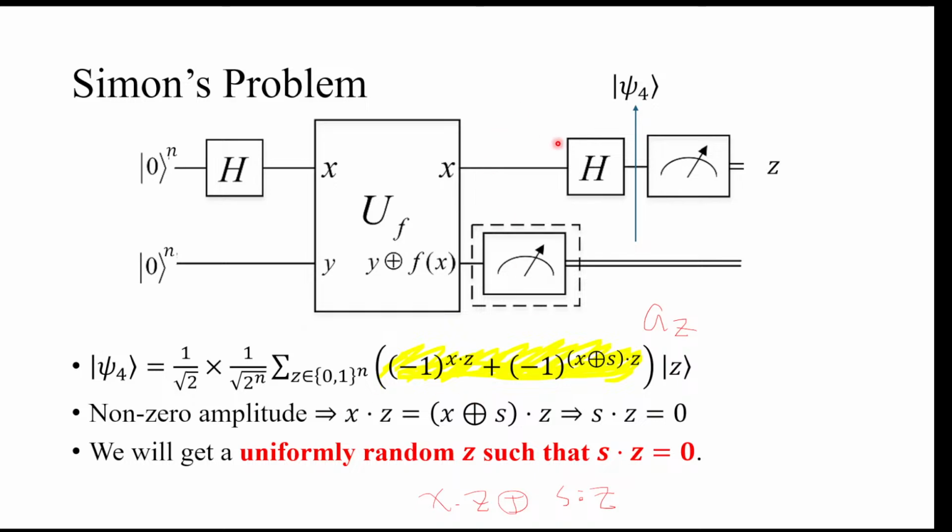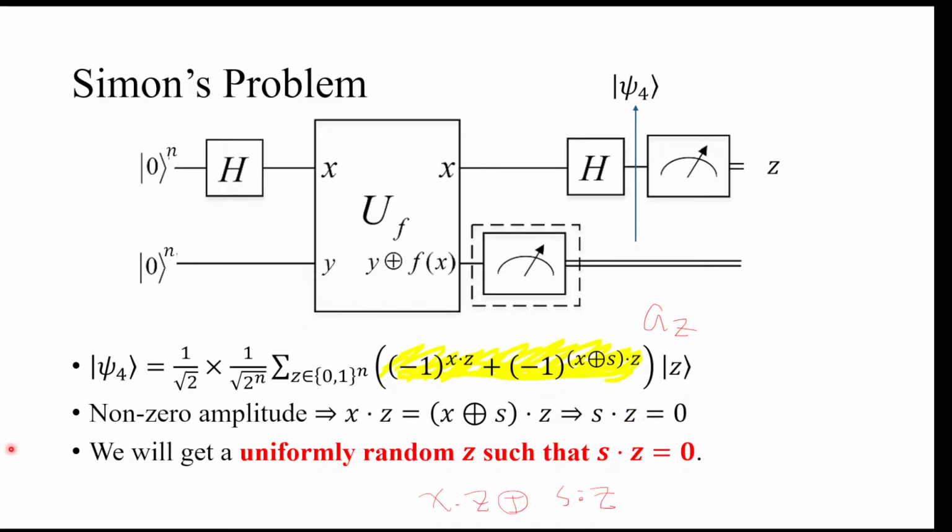It's really nice that after we do this Hadamard, the x·z part just cancels out in the condition for non-zero amplitude. So we see that the non-zero amplitude comes from where s·z equals 0, and this is nice, because now it gives us information about z.